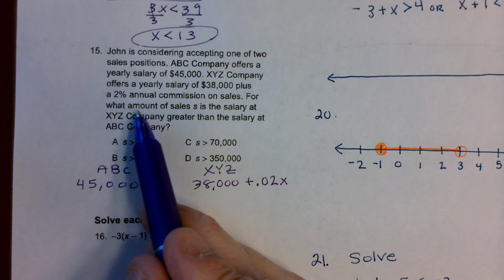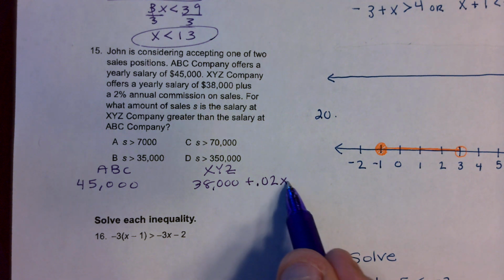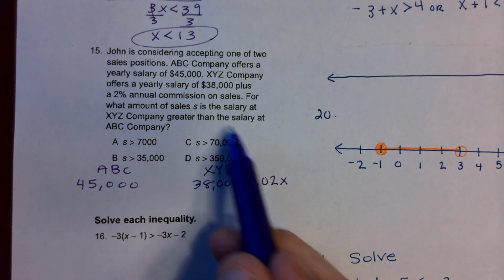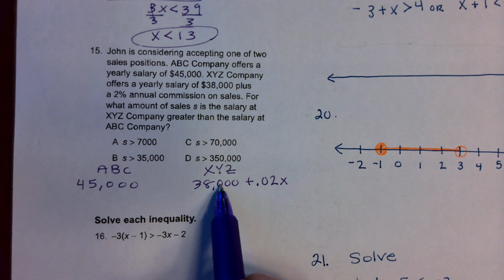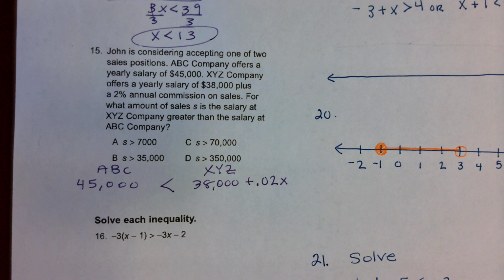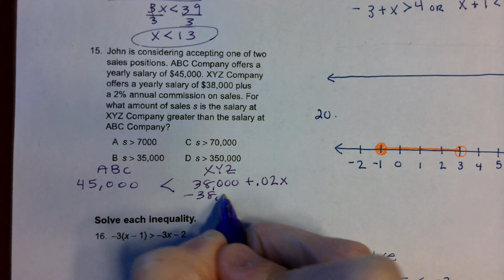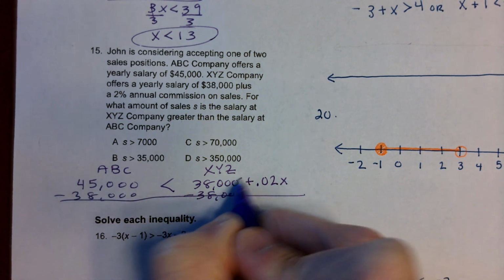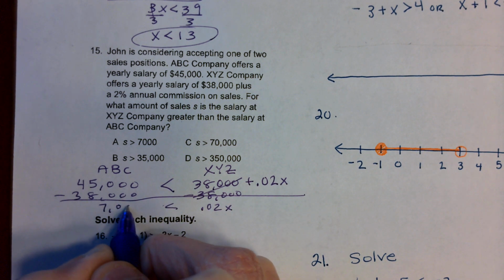So the question is, for what amount of sales, I put x just so I would know, is the salary at XYZ, this side, greater than this side. So I'll put it so that it opens up to the bigger one. Again, we're going to solve opposite PEMDAS, so we're going to subtract the 38,000 first. 0.02x, and that's 7,000.